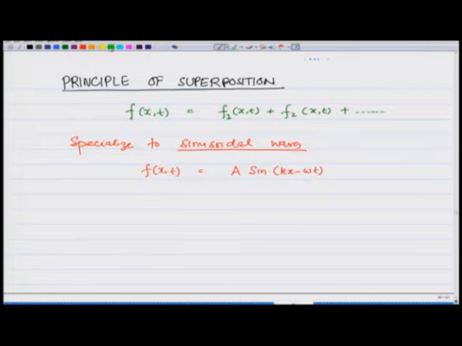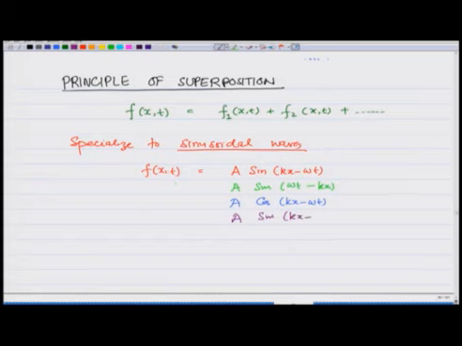I could equally well write this as amplitude sine of omega t minus k x, or some amplitude cosine k x minus omega t, and any other form for the waves travelling towards the positive x direction, or sine of k x plus omega t for waves travelling to the negative x direction.